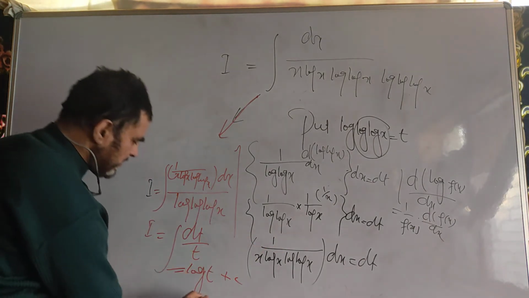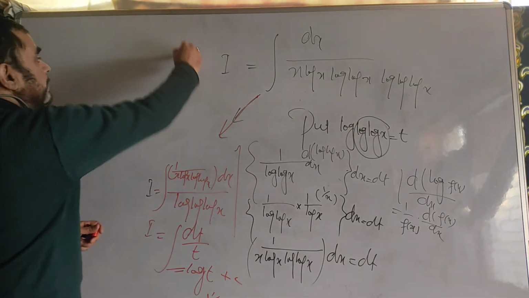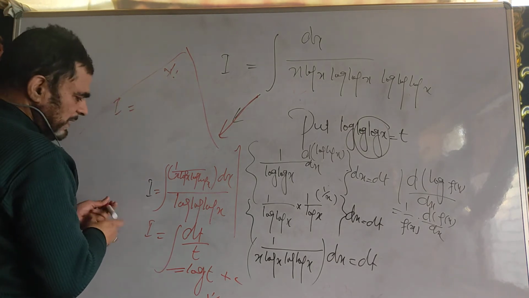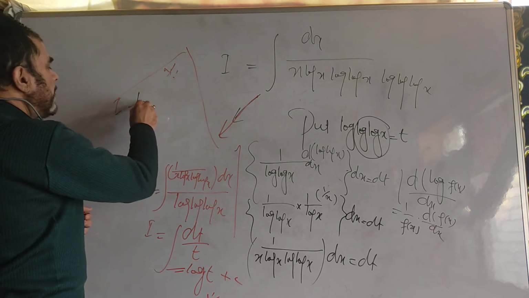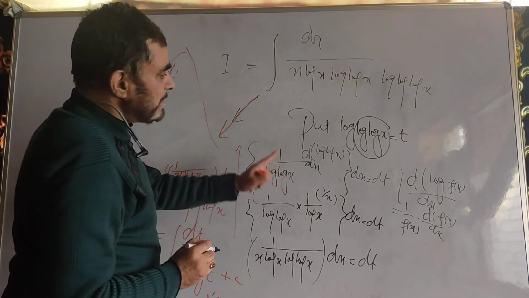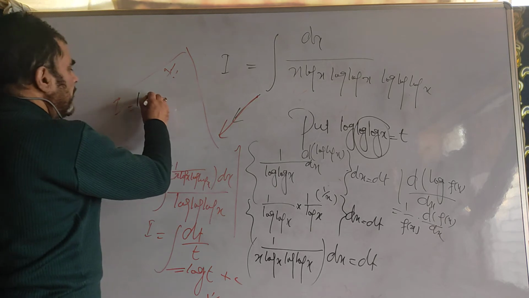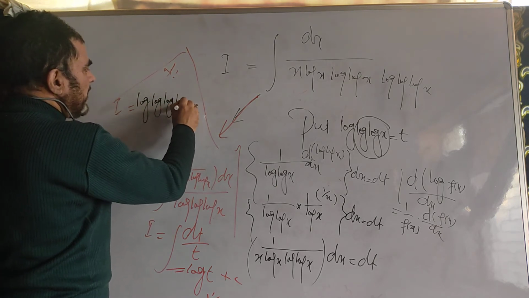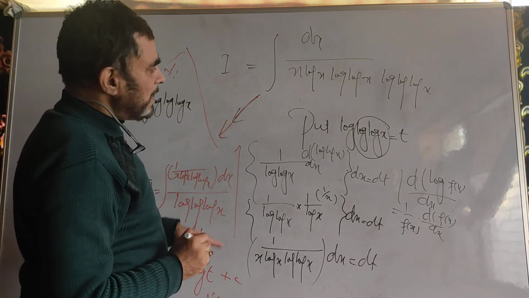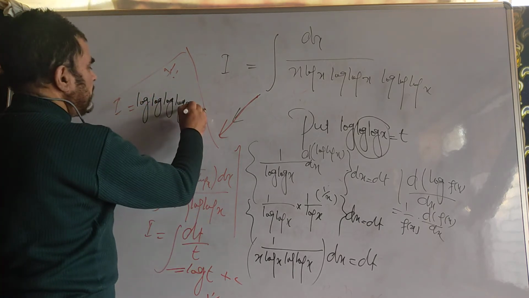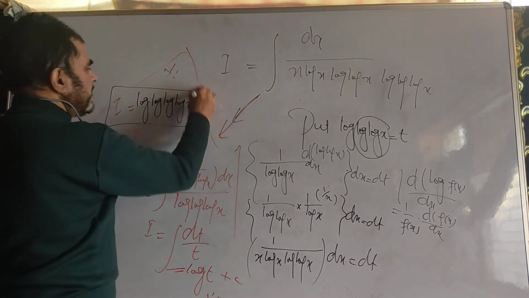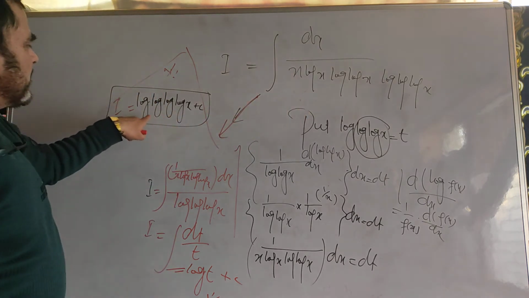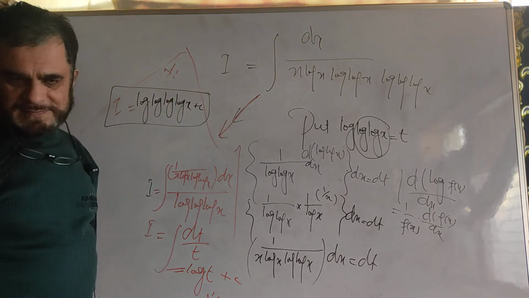I equals log of the value of t, and the value of t is log x. So I is log of log x plus c. So the integral of this comes out to be this.